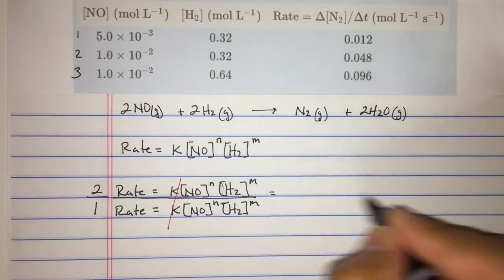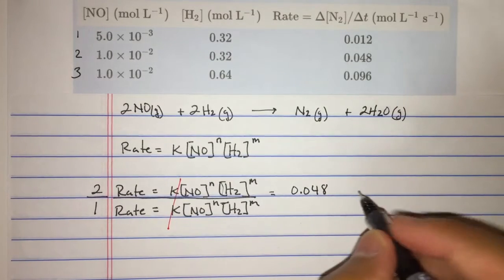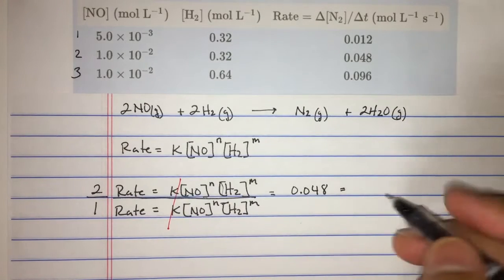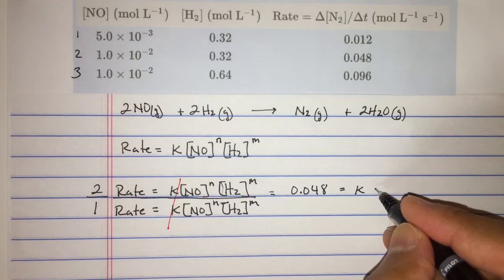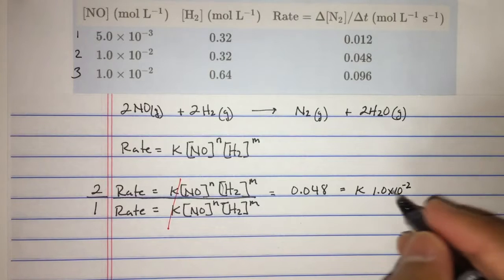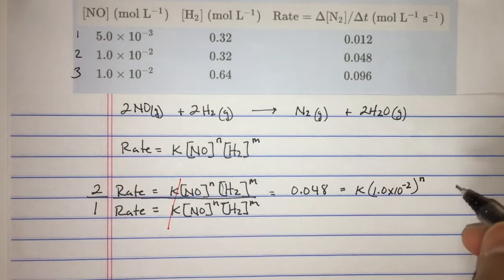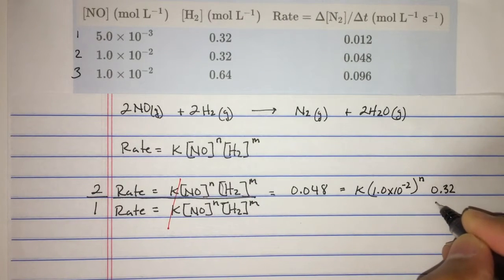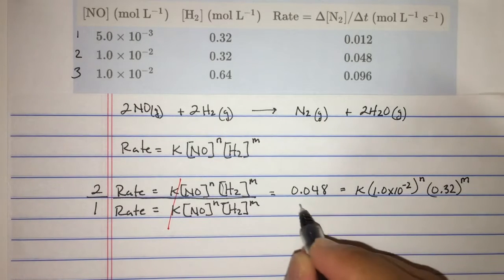Okay, so let's just plug in these numbers. So here's the rate for experiment 2. I'm going to leave the units out because I don't want this to get too messy. The concentration for NO is 1.0 × 10^-2 mole per liter, and remember, this is raised to the n. The concentration of the hydrogen is 0.32, and that's raised to the m.